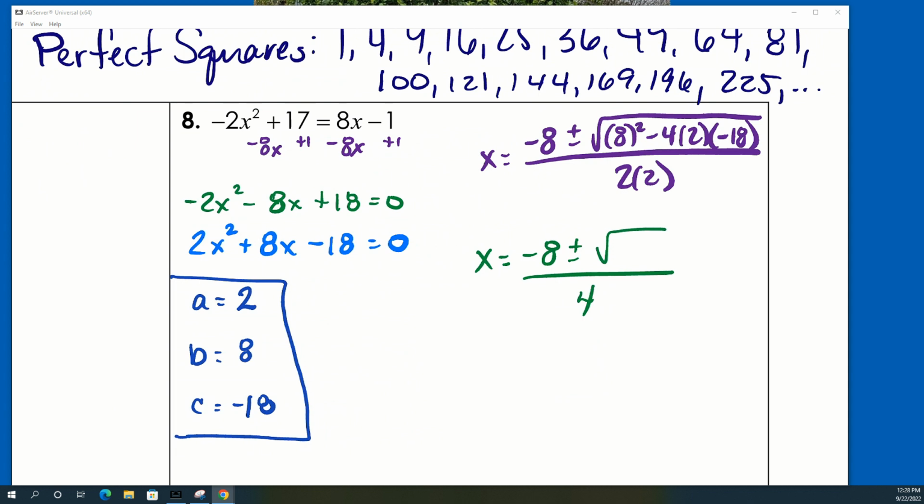All right. And then, just like yesterday, we're going to type what's under the square root in. We're not going to type the square root in. So we would just do 8 squared minus 4 times 2 times negative 18. And you should get 208.